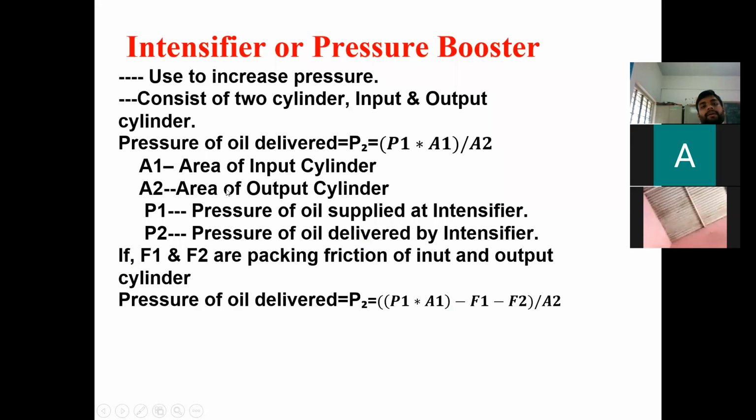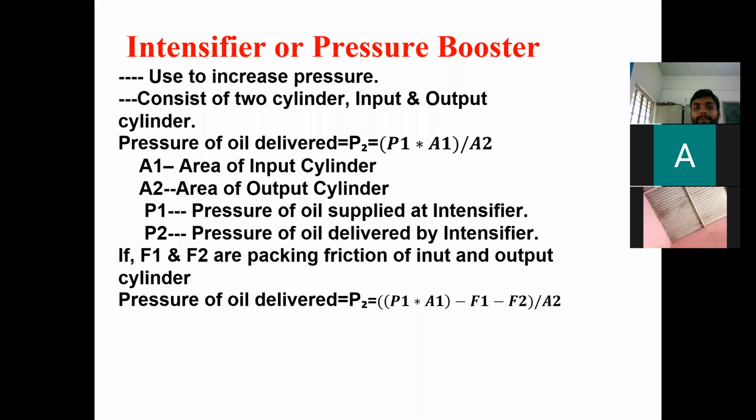Here A1 and A2: A1 is the area of the input cylinder and A2 is the area of the output cylinder. I already showed you in the diagram. P1 is the pressure of oil supplied to the intensifier, that is, the pressure of oil produced by the pump and supplied to the intensifier.